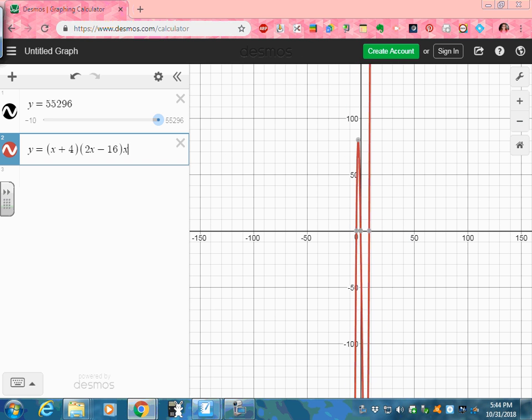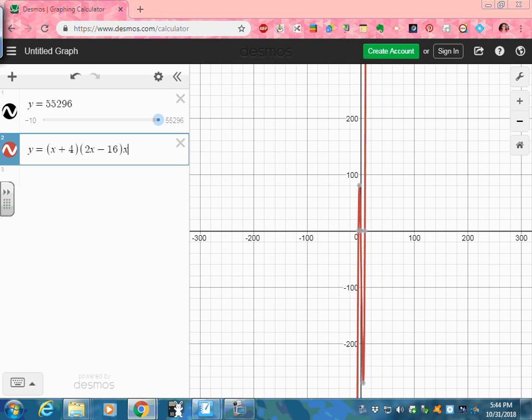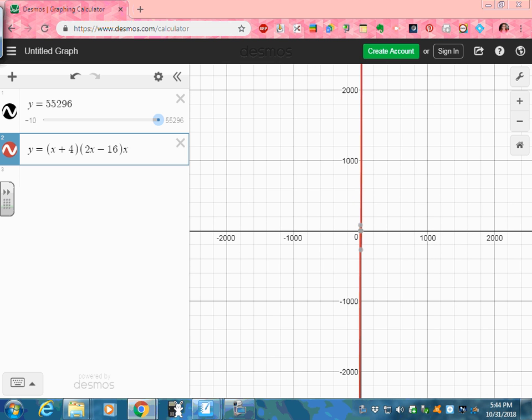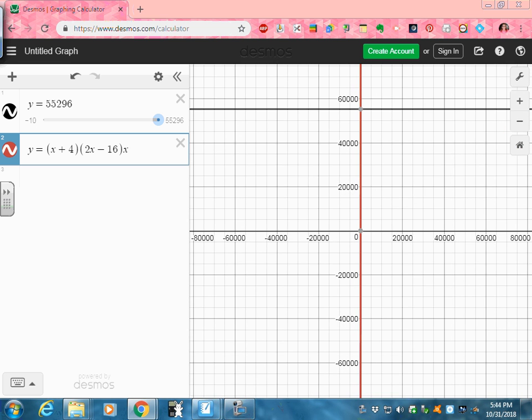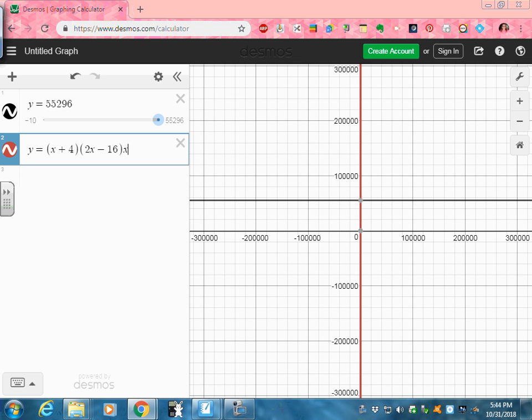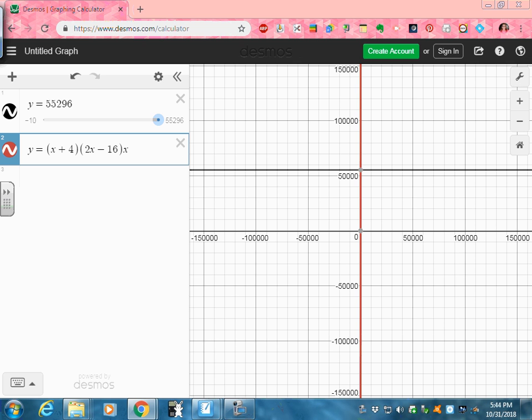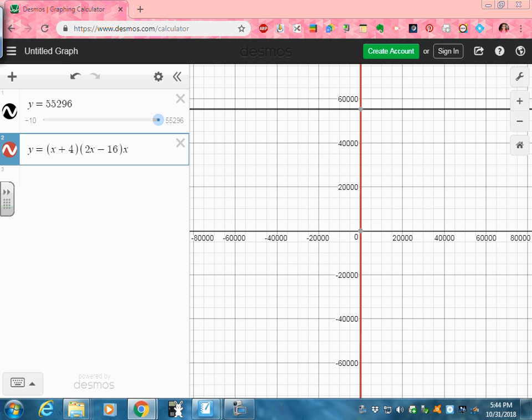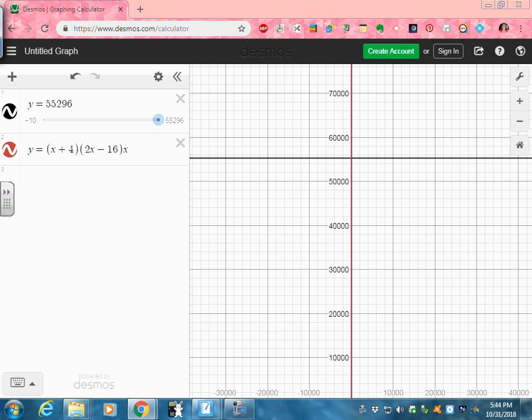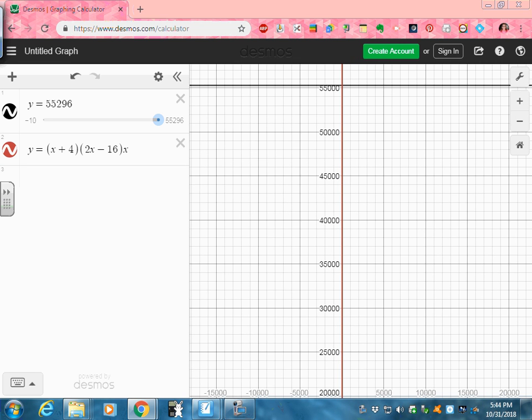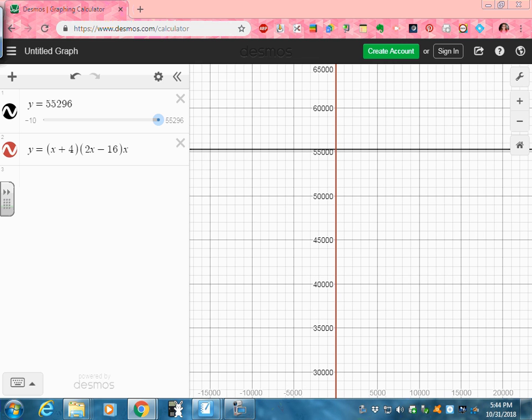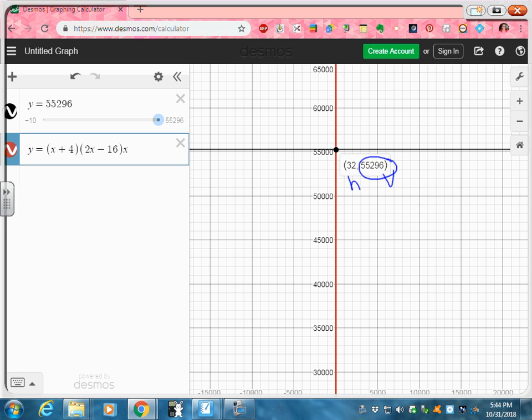Whoa. Okay, so I'm right in here. So I'm going to zoom back in now that I'm at 55. So 32 is my height when my max volume is 55,296.